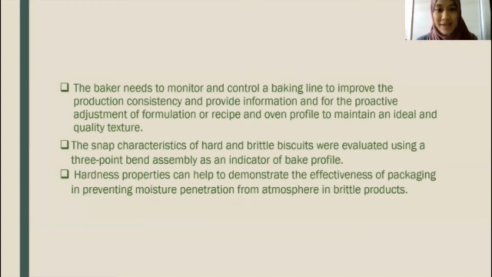The snap characteristic of hard and brittle biscuits was evaluated using a 3-point bend assembly as an indicator of bake profile. The cookie sample is supported at 2 points. The travelling beam moves down at maximum speed and snaps the sample, creating a single massive fracture.